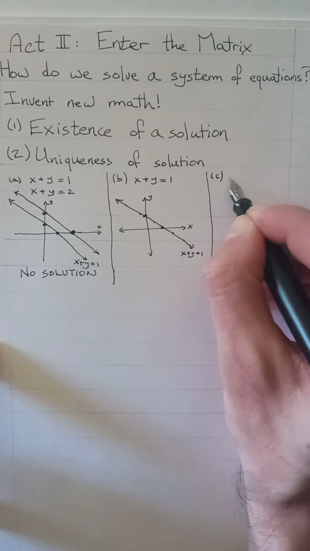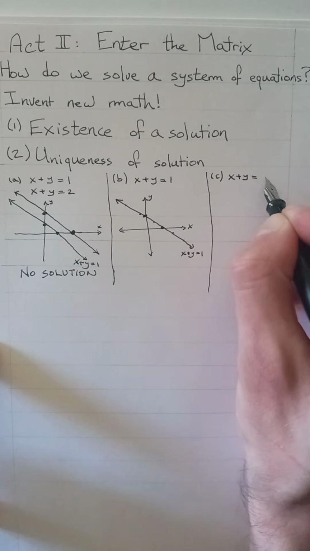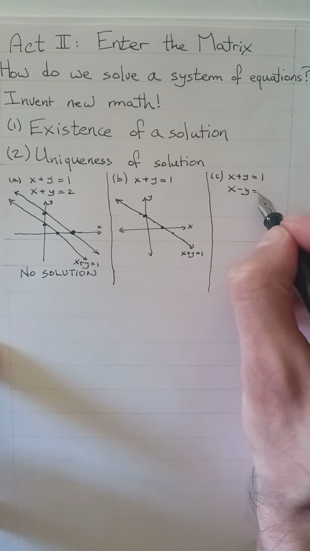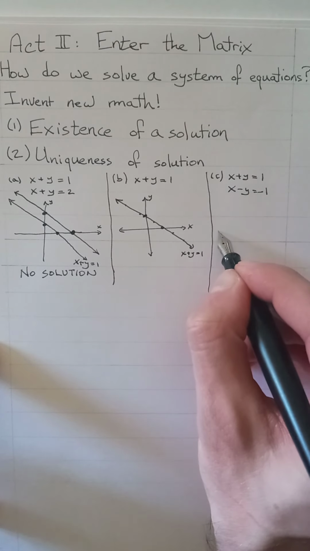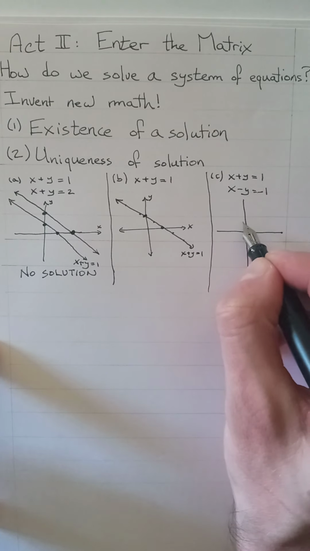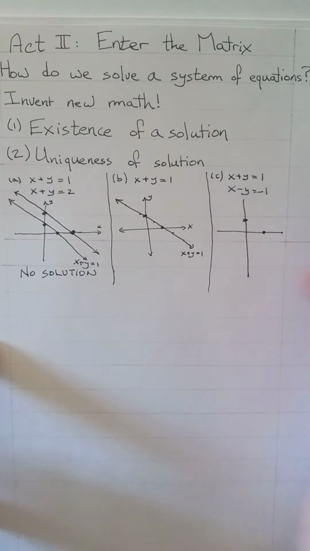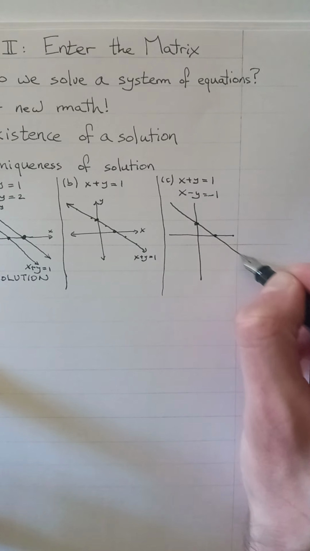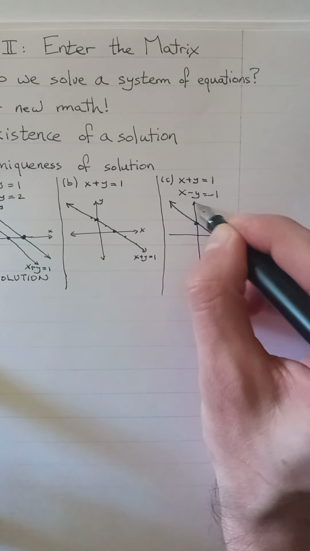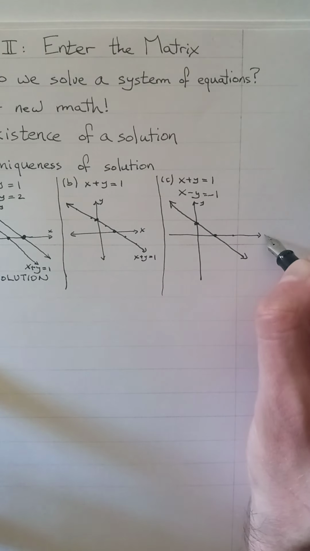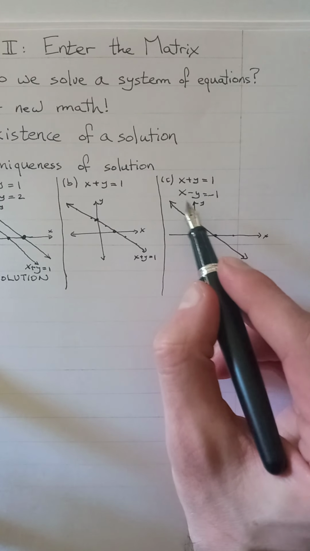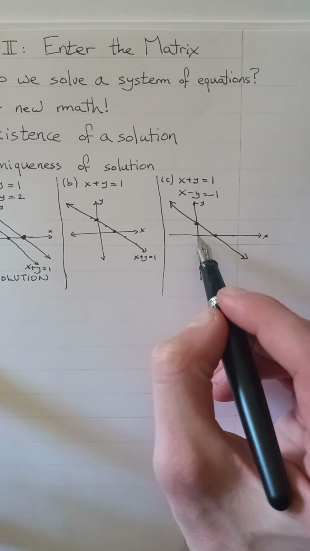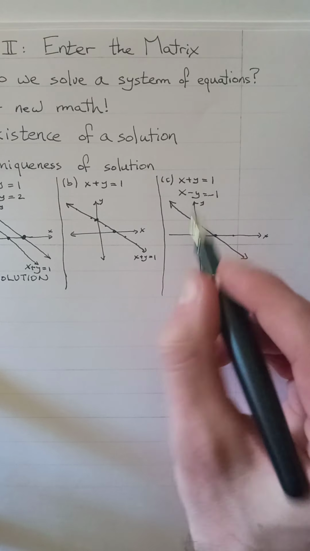And the third situation happens when you have x plus y is equal to 1, and x minus y is equal to minus 1. So you have our favorite friend, x plus y is equal to 1, and it looks like that. Now, when x minus y is equal to minus 1, when y is 0, x has to be minus 1.